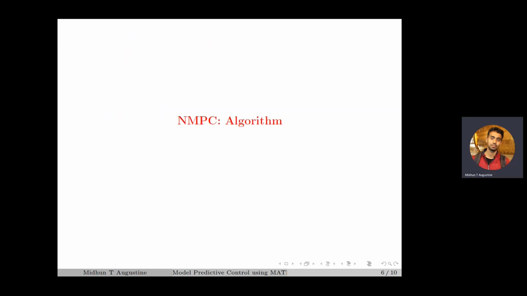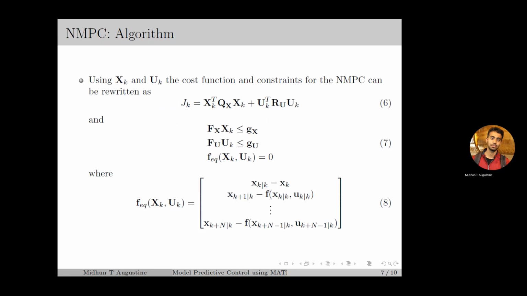Next, we discuss the NMPC algorithm in which we formulate the NMPC optimization problem as a nonlinear programming problem. As in the case of the LMPC algorithm, by using the predicted state sequence vector Xk and the control sequence vector Uk, the cost function and the constraints for the NMPC can be represented as in equation number 6 and 7, where FEQ denotes the equality constraint which is obtained from the nonlinear state equation.